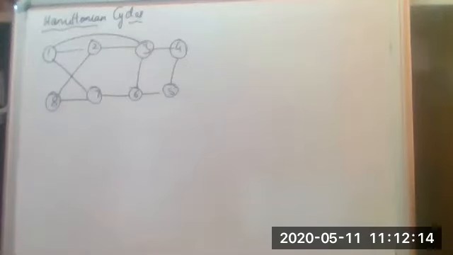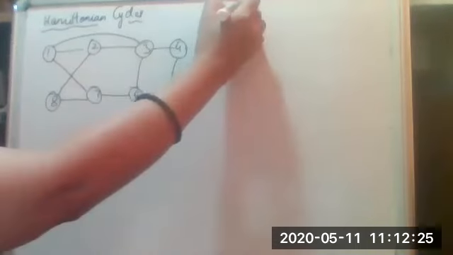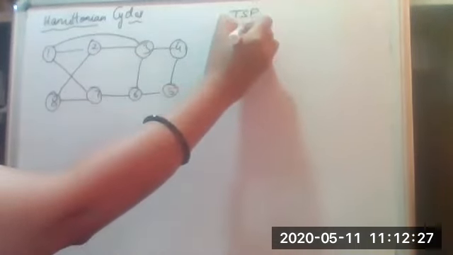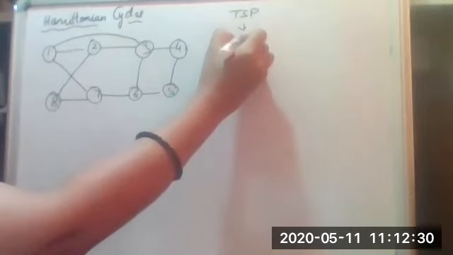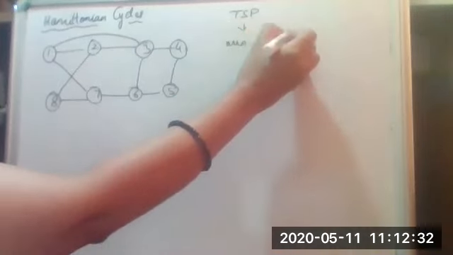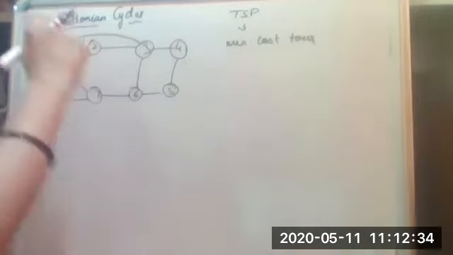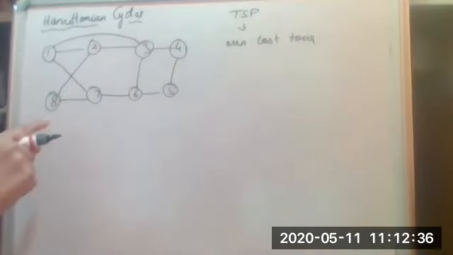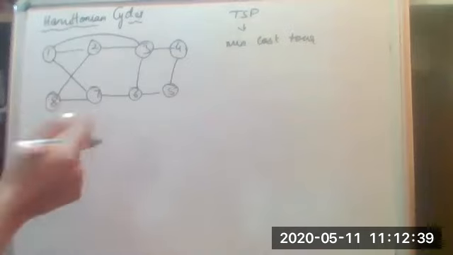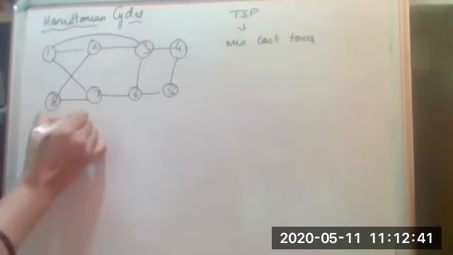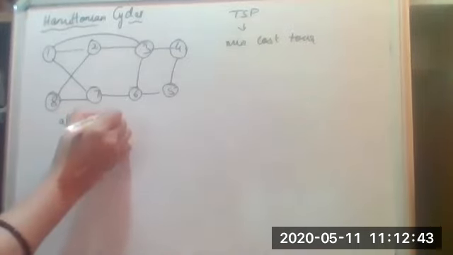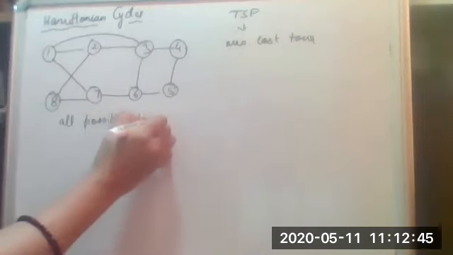Cycles. So for the Hamiltonian cycles, let's say this graph is given to us and we want to find out what all tours are possible in it. This is quite similar to TSP, but in TSP, we find a minimum cost tour, whereas within the Hamiltonian problem, we try to find out what all possible tours there are.